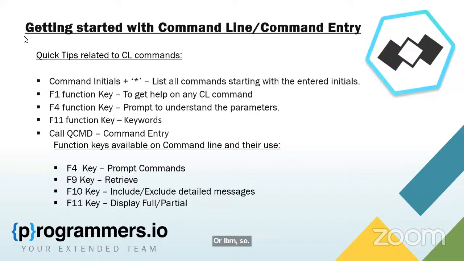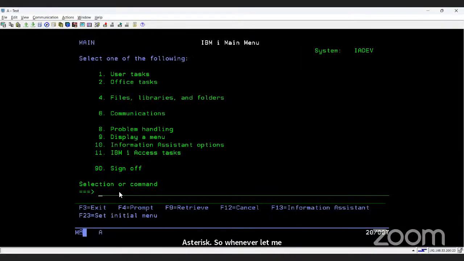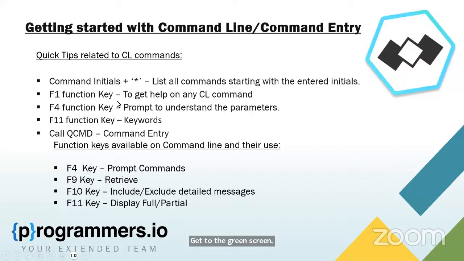The very first one is command initials plus asterisk. Let me get to the green screen. Whenever you enter command initials plus an asterisk, it will list all the commands starting with the entered initials.